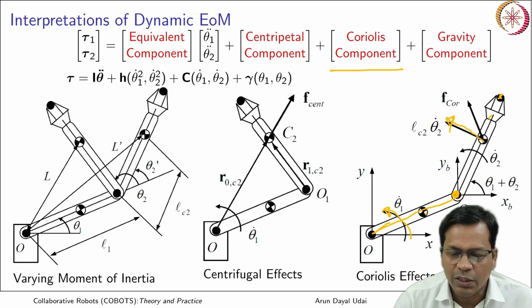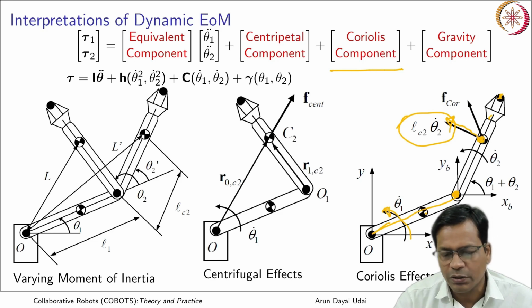So this definitely will have a Coriolis component as well. It is not a pure rotation. The center of mass is rotating as well as translating along the axes. So the resultant velocity, the resultant motion, will create the Coriolis component.